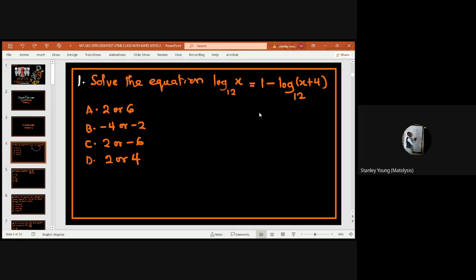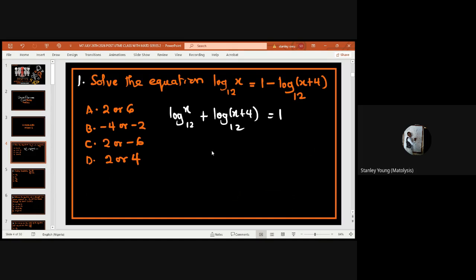So that you'll have the logarithms at one side. You're having this as log x base 12 plus log x plus 4 base 12 equals 1.